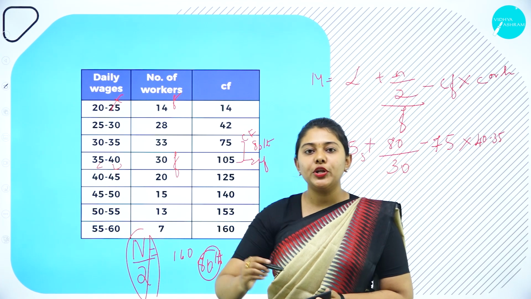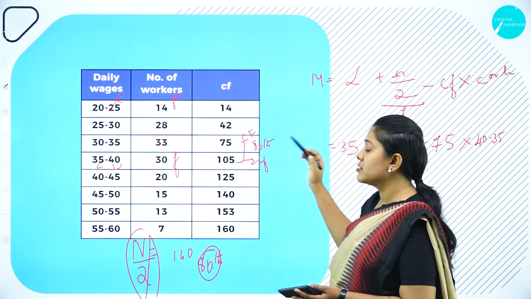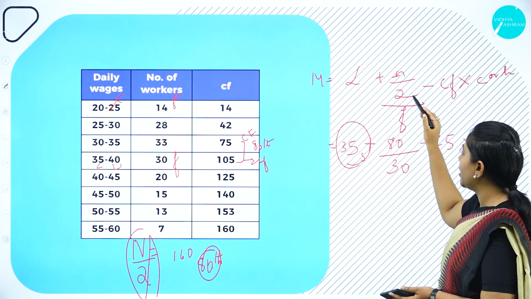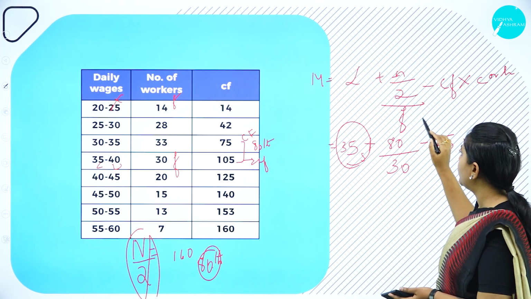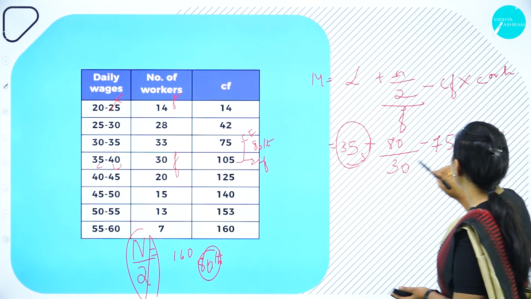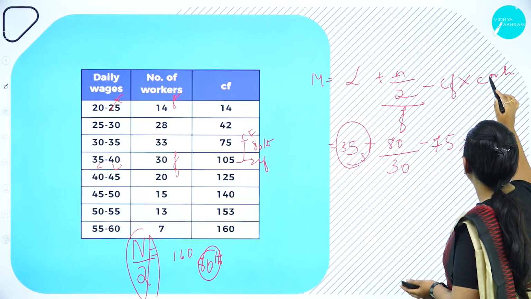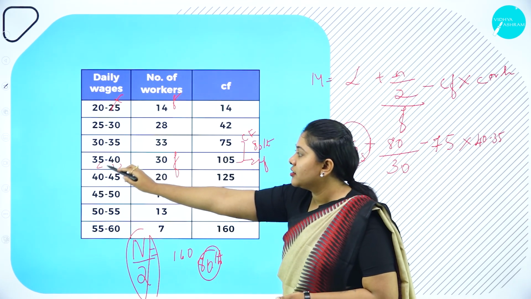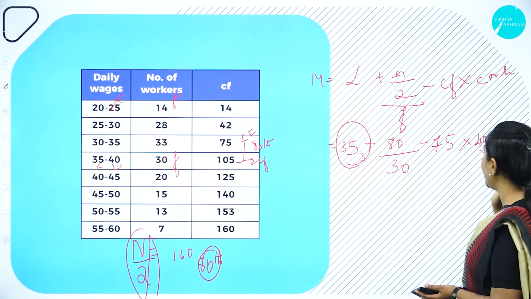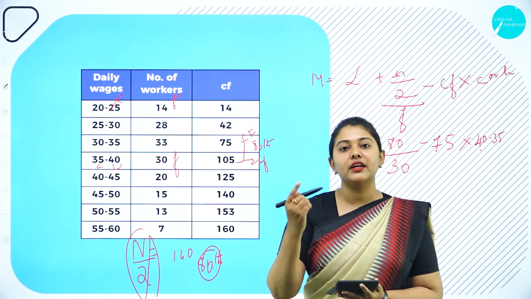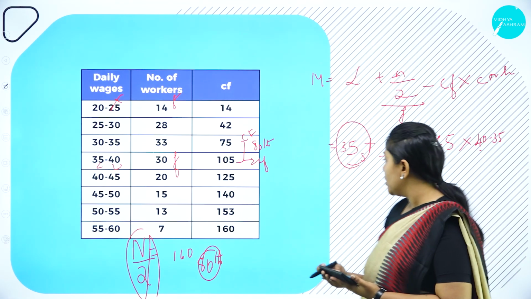So 35 is the lower limit, 80 is n divided by 2, frequency is 30 and cumulative frequency is 75, and 40 minus 35 is upper limit minus lower limit. Let's substitute the values using the calculator and find the median.